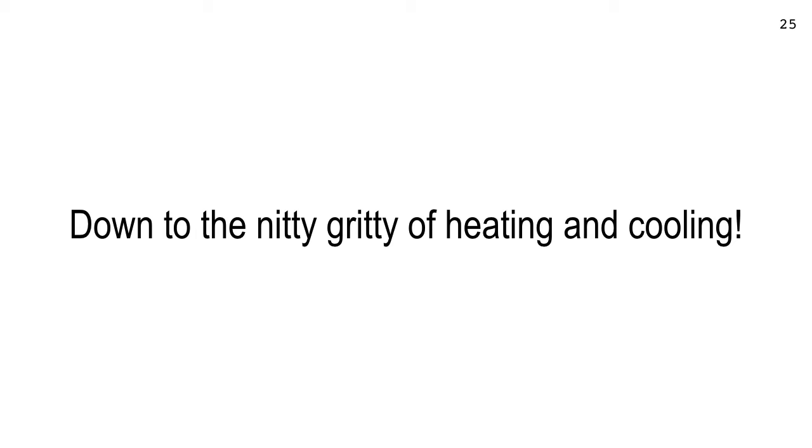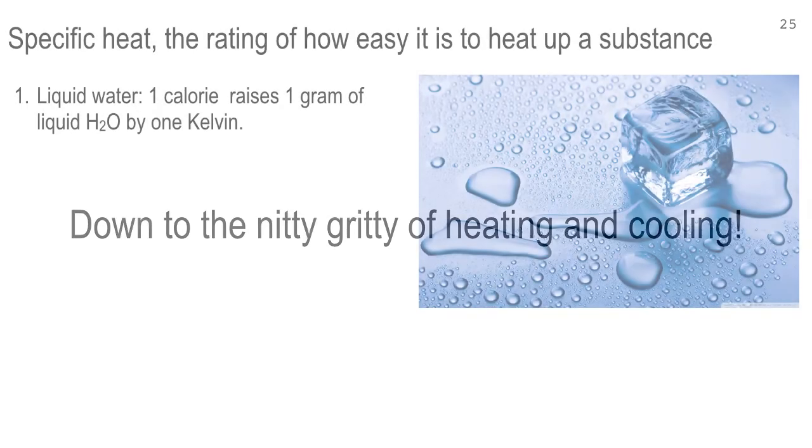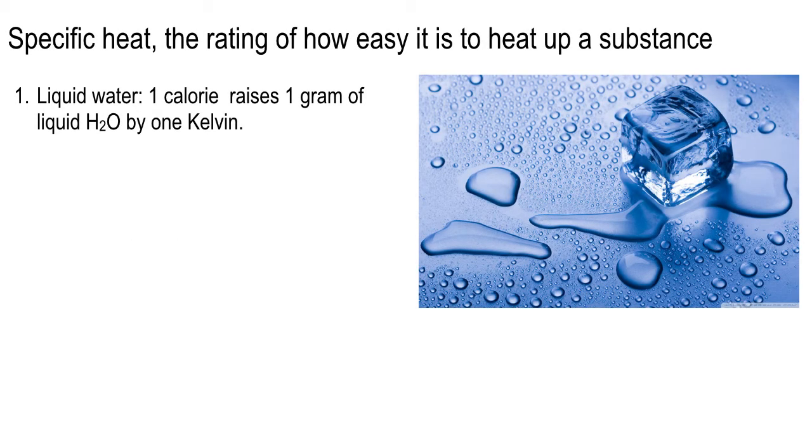All right, so here we go. We're now going to talk about specific heat. The specific heat is a property of a material. Could be liquid water, could be solid water, could be a metal, could be a biological substance like wood. Basically it tells you how easy it is to heat up or cool down a given substance.